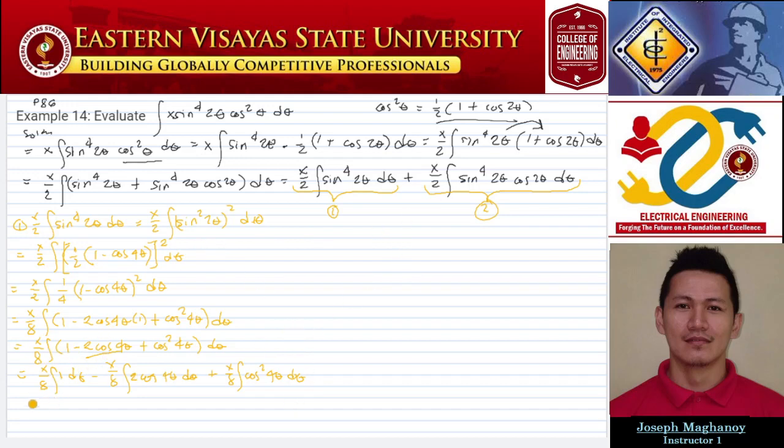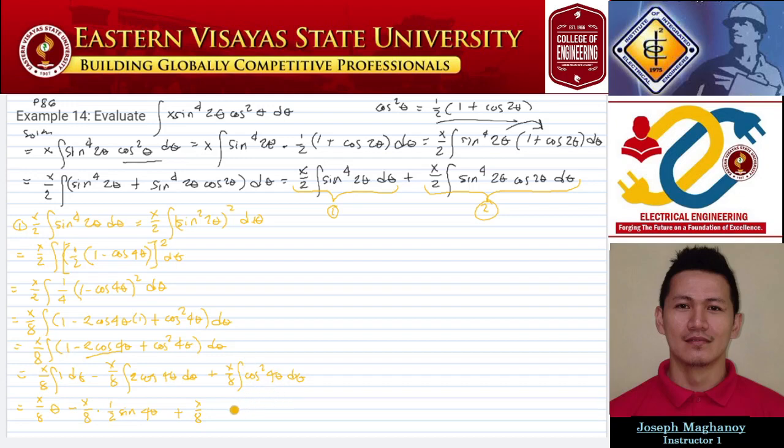So doing so, the resulting is 8 x over 8, so the remaining is theta minus, if you're going to integrate 2 cosine 4 theta, that is sine, 2 times 1/4 sine 4 theta, plus, here we still need to do some substitution.